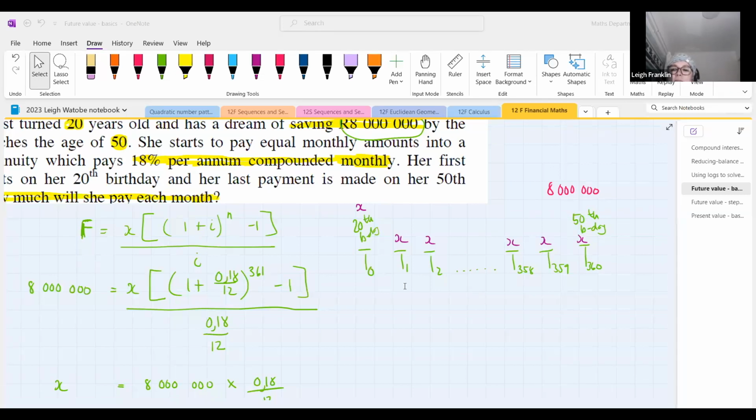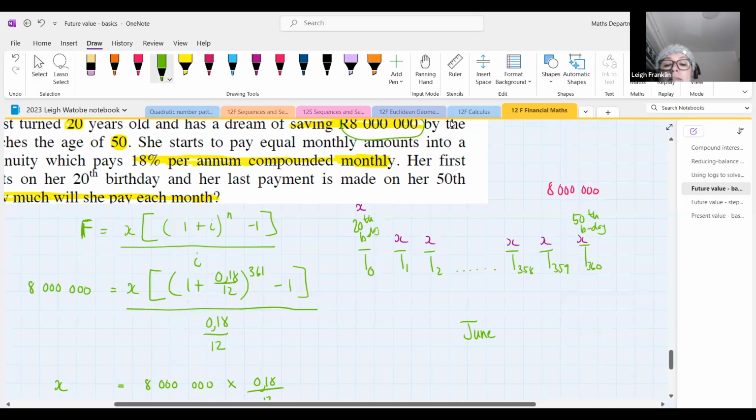Does that make sense? Think about this: Leanne, in which month is your birthday? June. Cool. Now let's pretend this is the last year of her life, but let's use you as an example. Let's say you do it in June 2023.